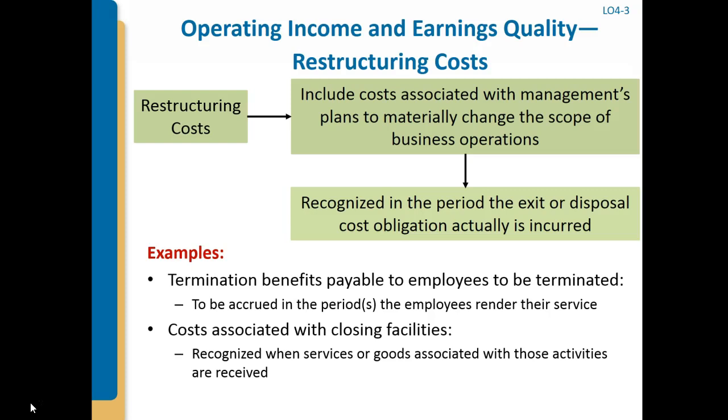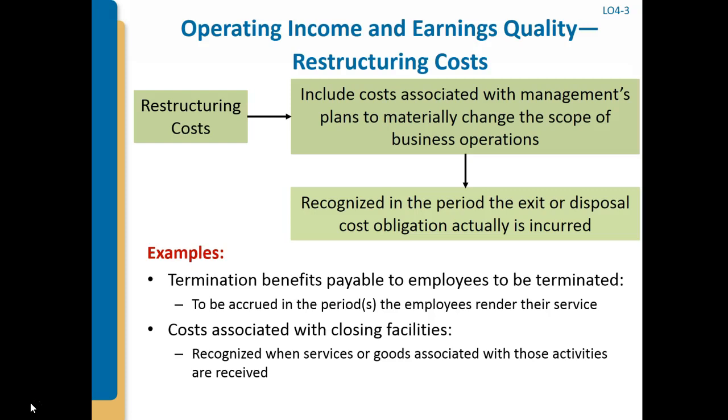Costs associated with closing facilities and relocating employees are recognized when goods or services associated with those activities are received. Because it usually takes considerable time to sell or terminate a line of business or to close a location, many restructuring costs represent long-term liabilities.